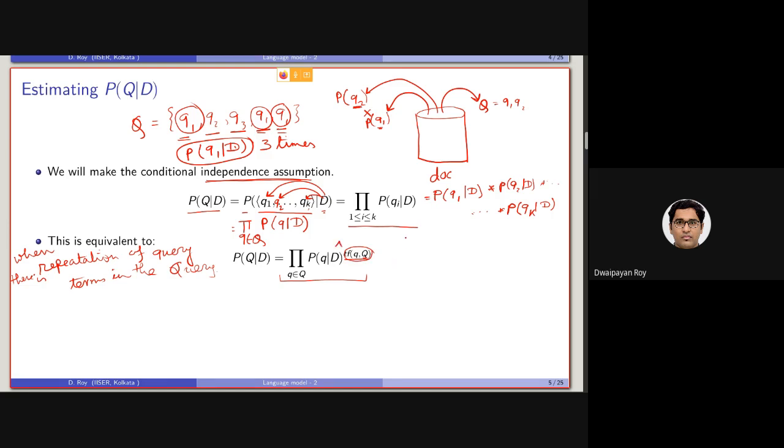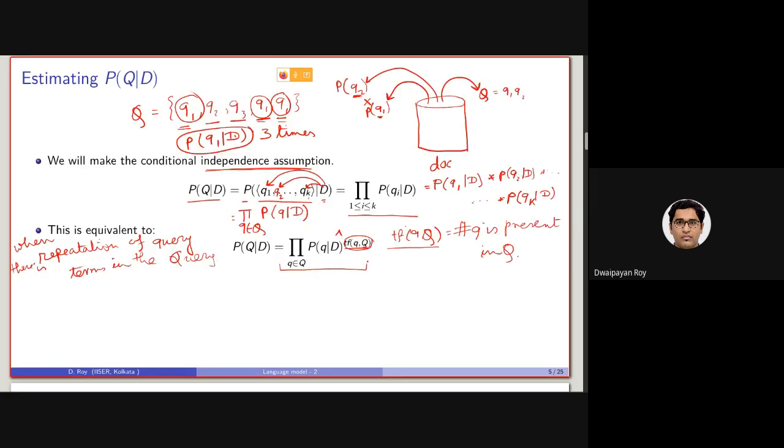So TF of Q comma Q is basically the number of times Q is present in Q. This is TF of Q comma Q, which is in the power. So I hope this is clear. All right.